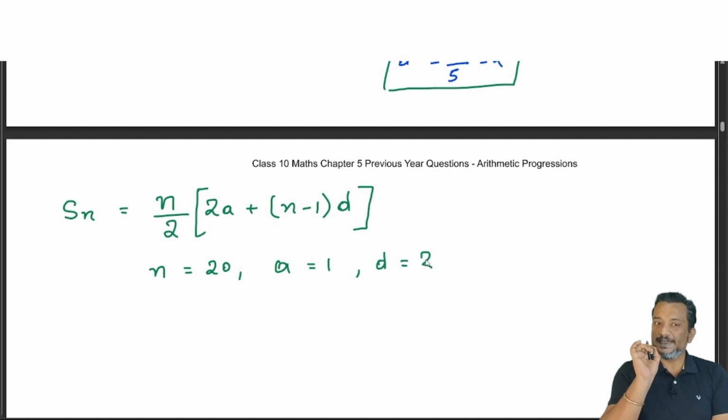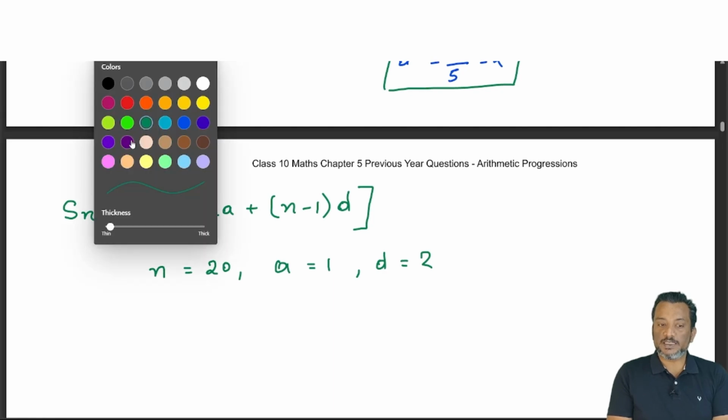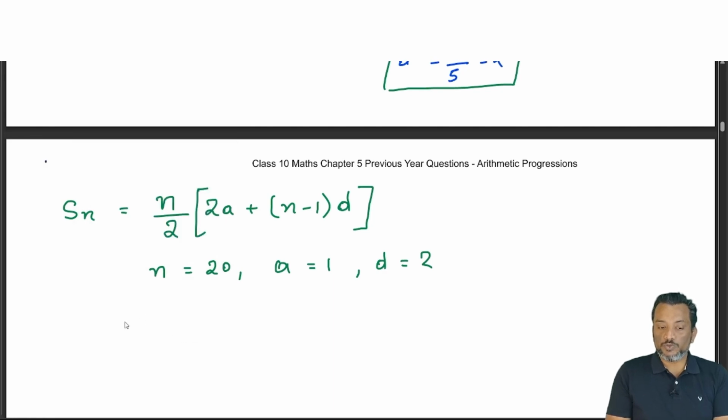Most important thing, write every single step properly. So now you can substitute the values here. So we can say 20 over 2 times, in place of a, 2 times 1 plus 20 minus 1 times 2.